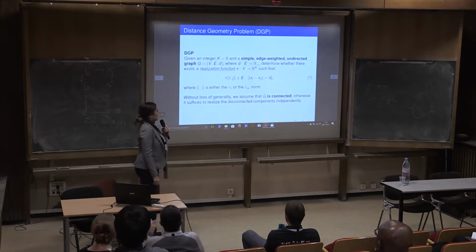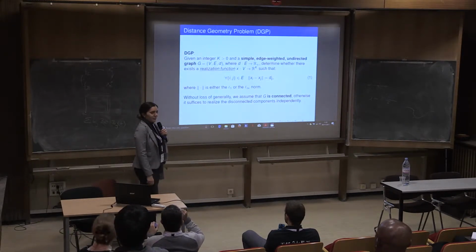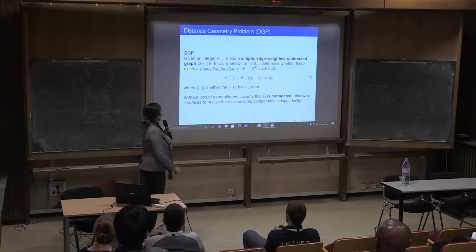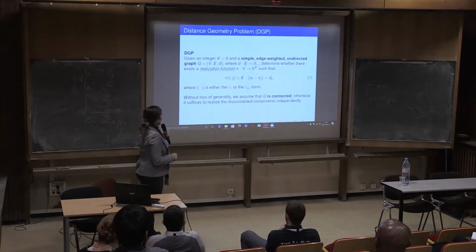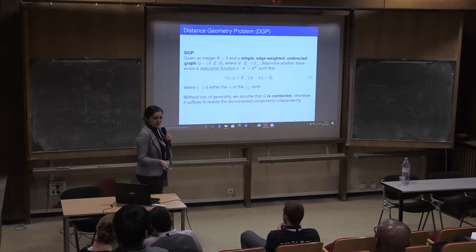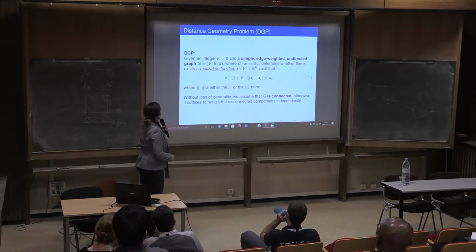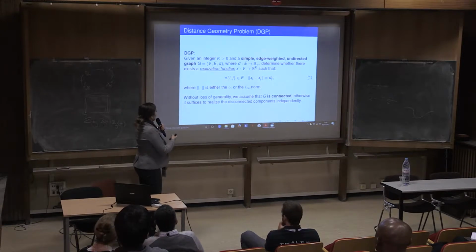Antonio already nicely introduced the problem, but I will just briefly reintroduce it to fix the notation, which is almost the same as Antonio's, with a small difference. In DGP, we're given a positive integer capital K that represents the dimension in which we work.